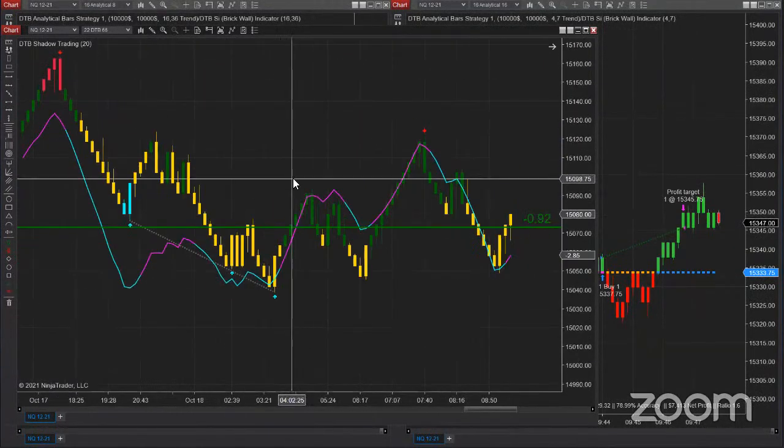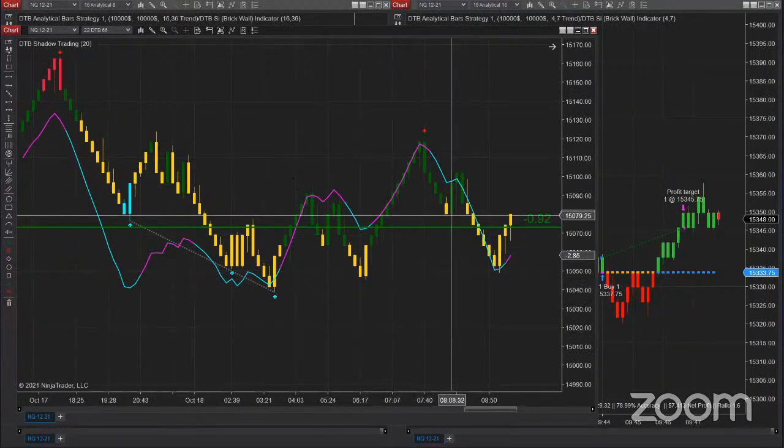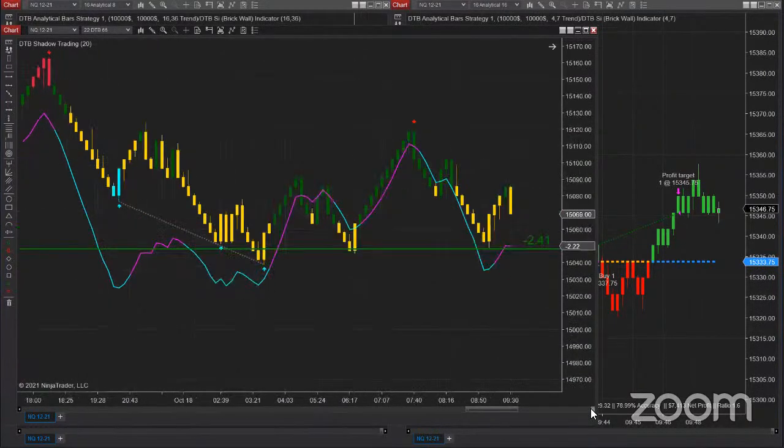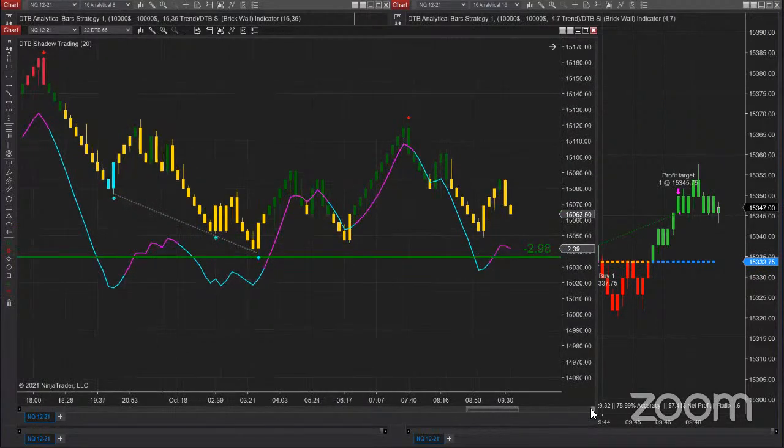Now you're going to notice when the price is in a bit of a range like this, you're going to have the price flicking above and below the momentum line. So that's why I've colored the bars, just to make it a lot simpler too. While the momentum line is below the price, you're going to have gold bars.